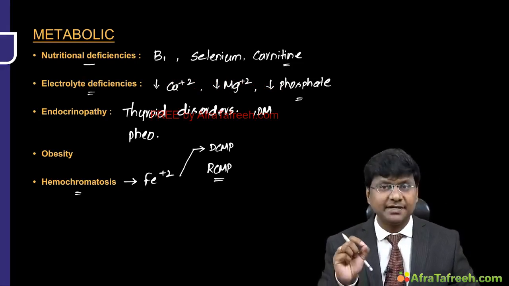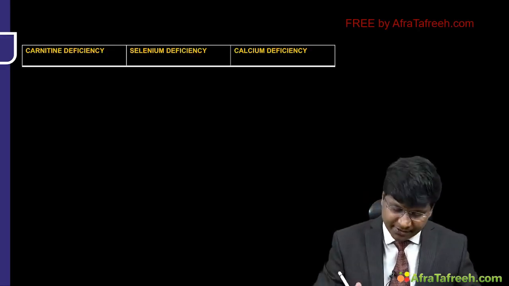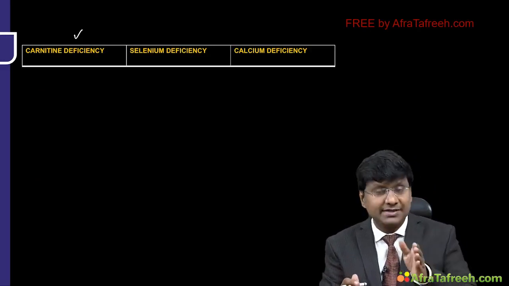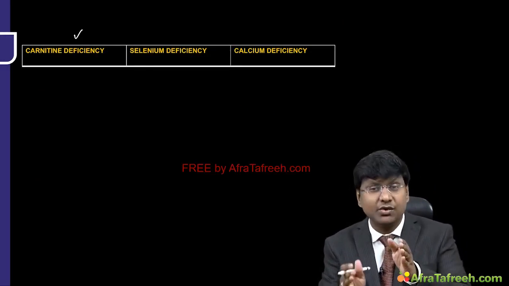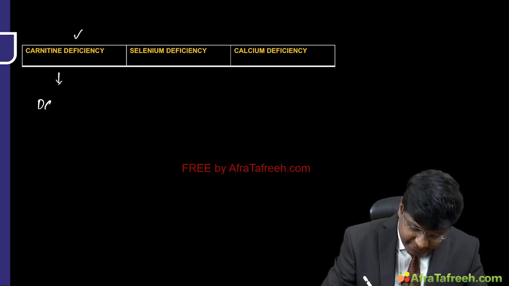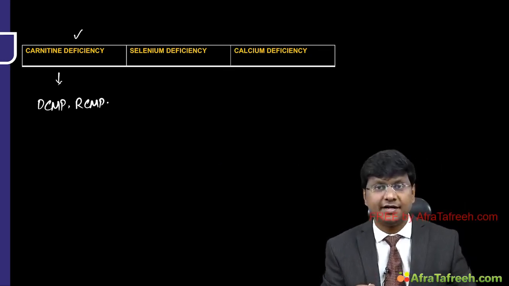Now, let me take up the individual nutritional deficiencies which can cause dilated cardiomyopathy. So, one is carnitine deficiency. This carnitine deficiency will not only make the individual develop dilated cardiomyopathy, the individual will also develop restrictive cardiomyopathy because of the carnitine deficiency.